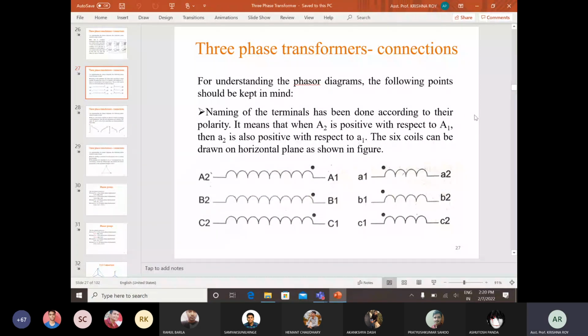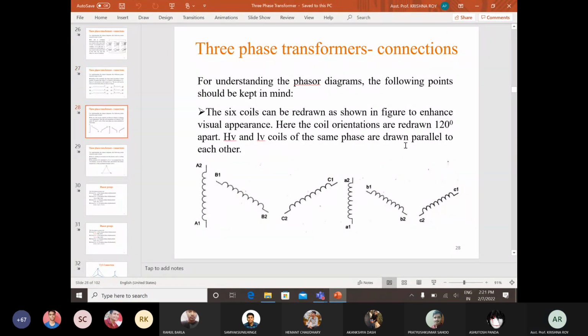Uppercase letters are used to denote the high voltage terminals, and lowercase letters are used to denote the low voltage winding terminals. Next, the 6 coils will be there in case of normal star-star, delta-delta, star-delta or delta-star connection.